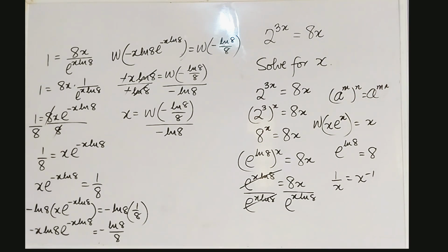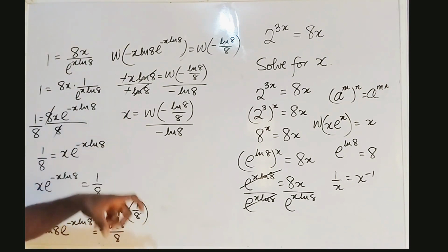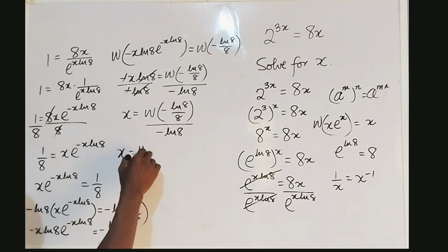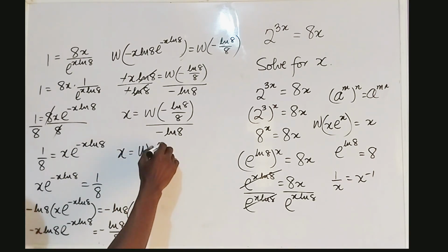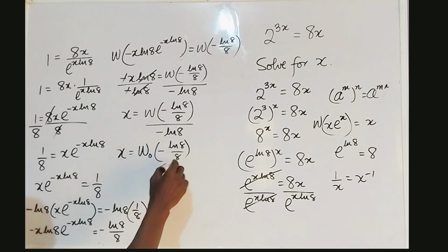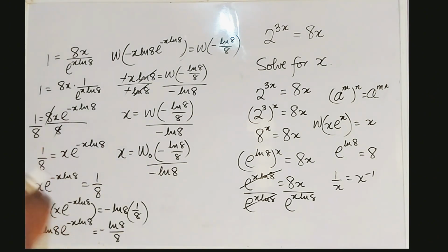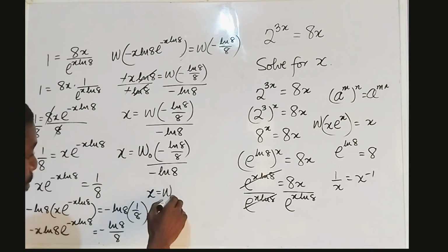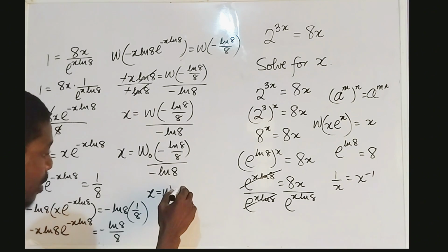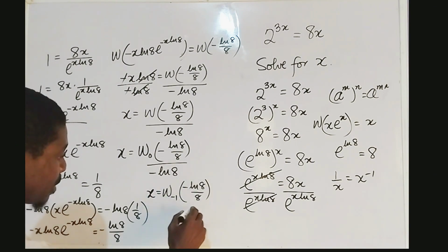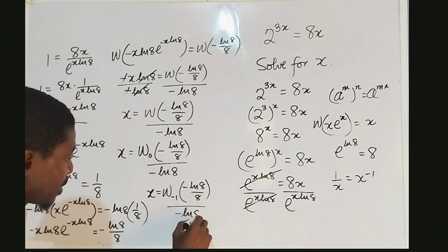Okay, now since the Lambert W function has branches 0 and minus 1, we have that for the 0 branch, x equals W0 of minus ln 8 all over 8, all over minus ln 8, and for the minus 1 branch, x equals W minus 1 of minus ln 8 all over 8, all over minus ln 8.